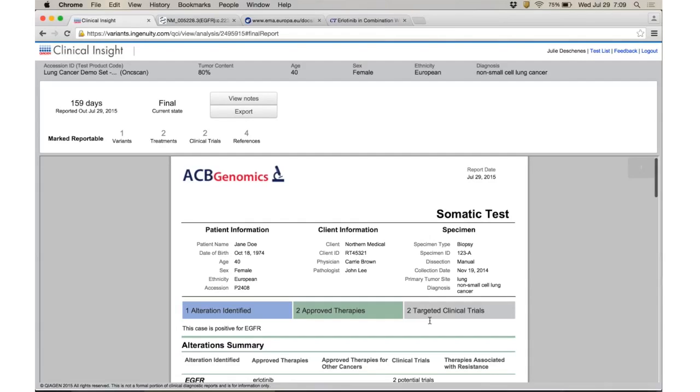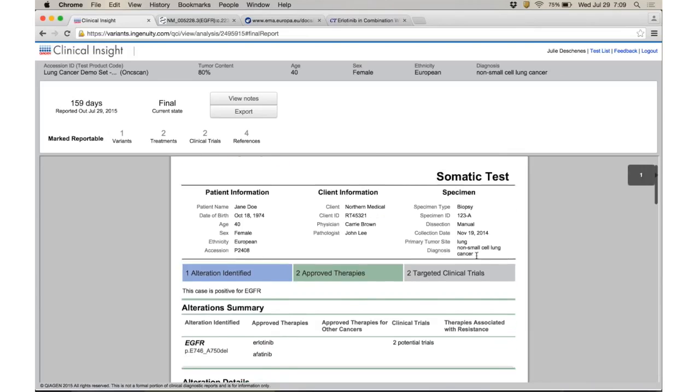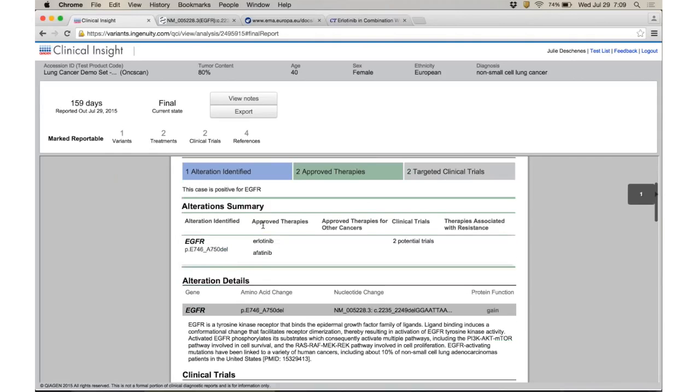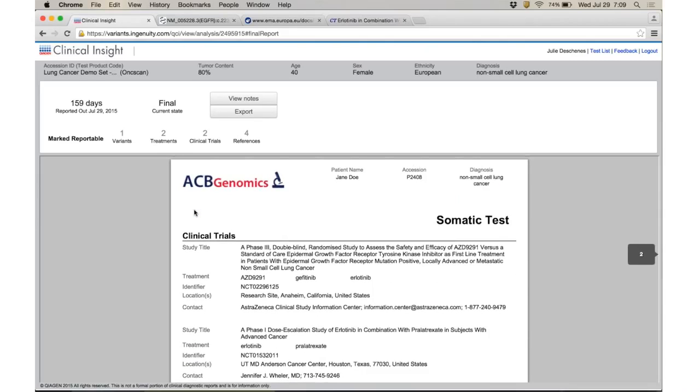So this is an example to just show you what can be on the report. If appropriate, you can provide demographic information about that specific case. And we are HIPAA compliant, but this is a decision that you make yourself, whether you want to have this section. You also have the potential to add specimen information onto your report, overall interpretation, alteration summary, and so forth. And this would be customizable for every different lab.